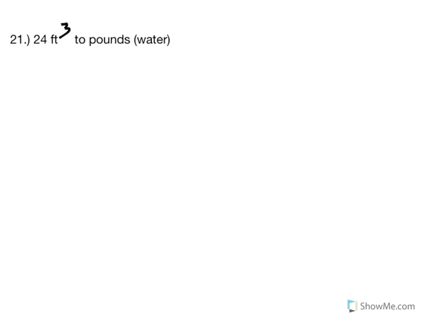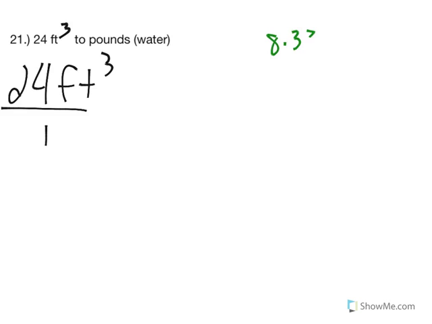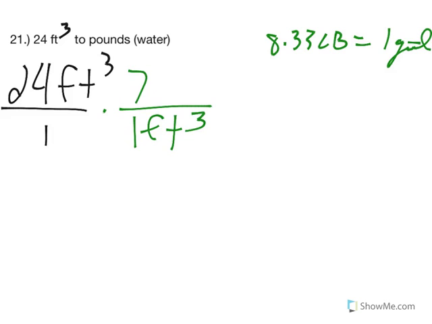And now we're going to go cubic feet to pounds. So now it gets a little bit crazy. So we start with our 24 cubic feet. And if you remember, 8.33 pounds is 1 gallon. So I've got to go from cubic feet first to gallons. But I know how to do that because 1 cubic foot is 7.48 gallons.